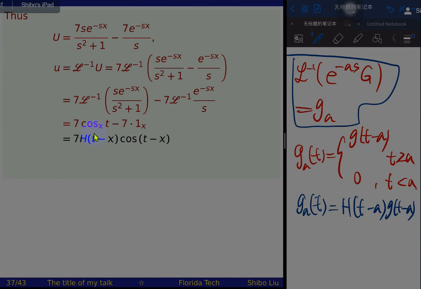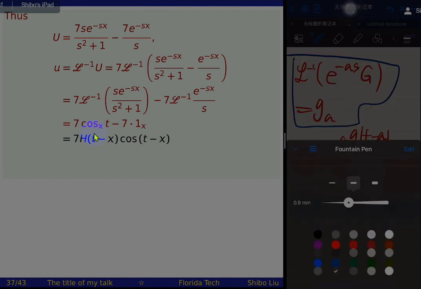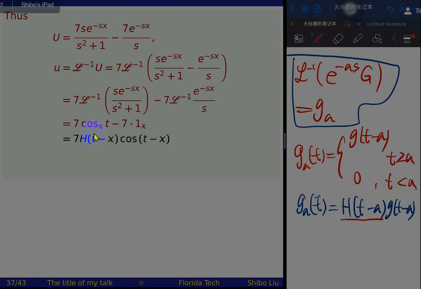You can also write it in this way, because the H function is the Heaviside function. H is 1 if t is greater or equal to a, and 0 if t is less than a. So using the Heaviside function, this translated function, that is our Ga here, can be written as the multiplication of two usual functions. One of them is the original g, the other is the Heaviside function H. So you can also write it in this way.